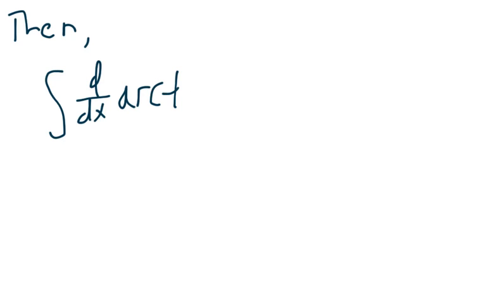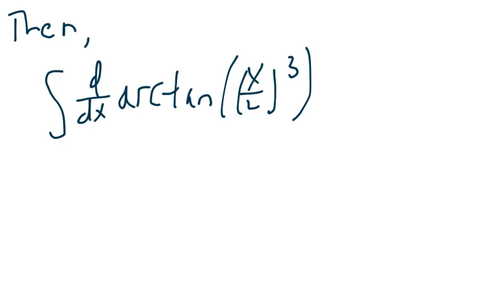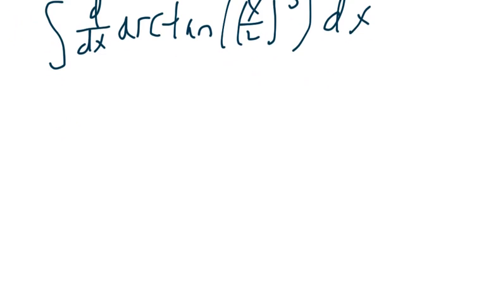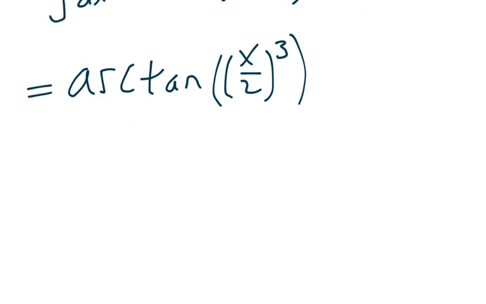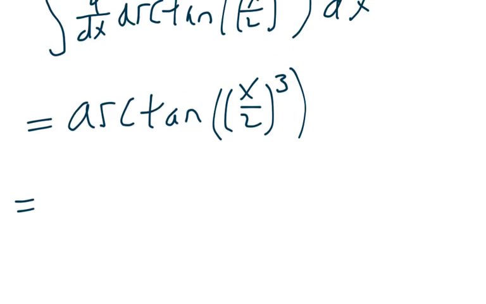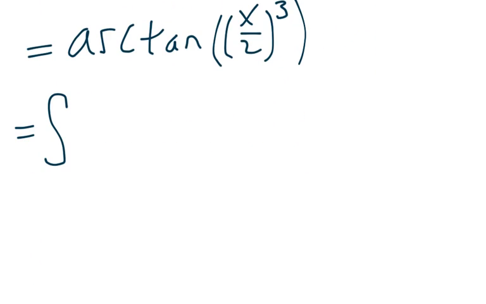Okay, so if we're within that radius of convergence, then, well, we know that the integral of d by dx of arctan of x over 2 cubed dx is just equal to arctan of x over 2 cubed by the fundamental theorem of calculus, but we can also integrate term by term of our Taylor series.